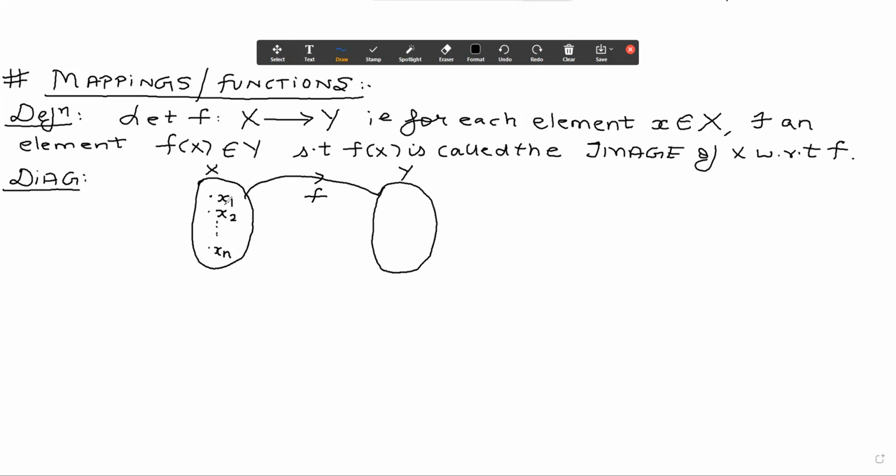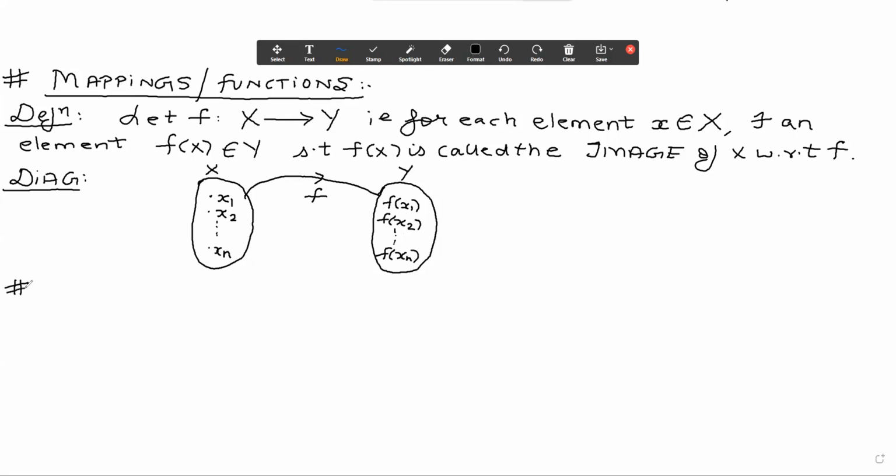Then corresponding to x1, what will be the image? f of x1. Corresponding to x2, the image is f of x2. Corresponding to xn, the image will be f of xn.